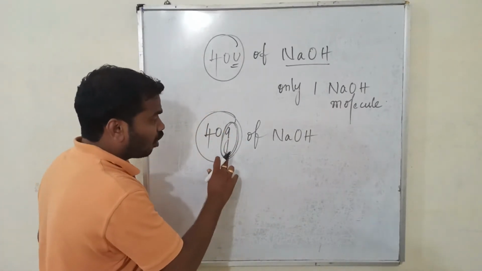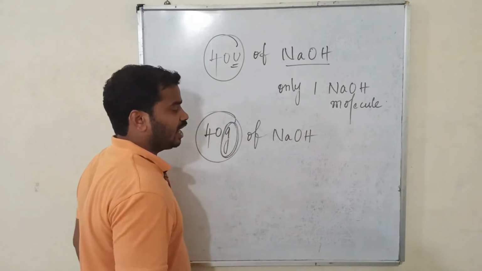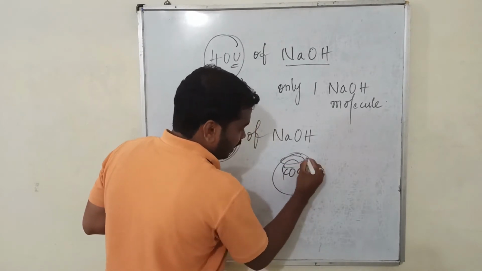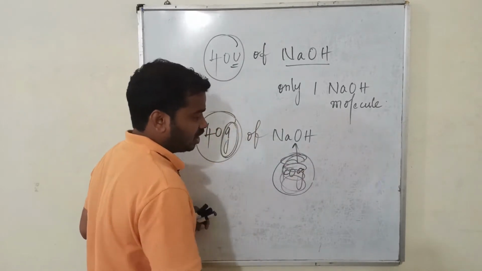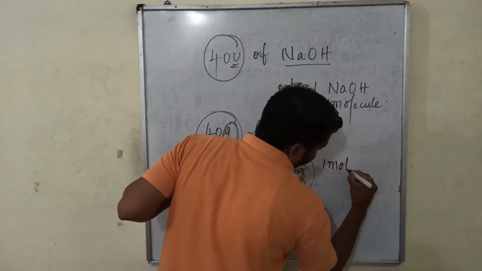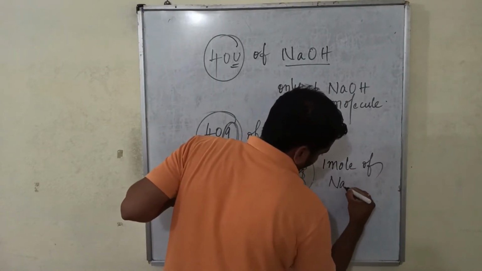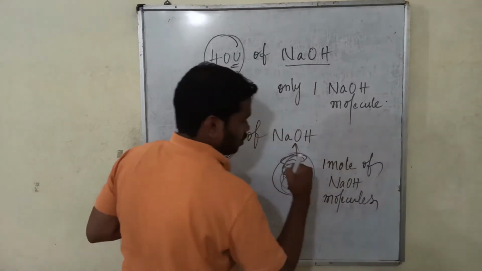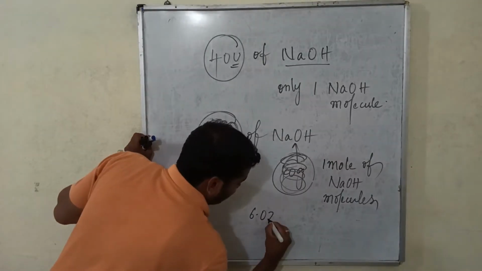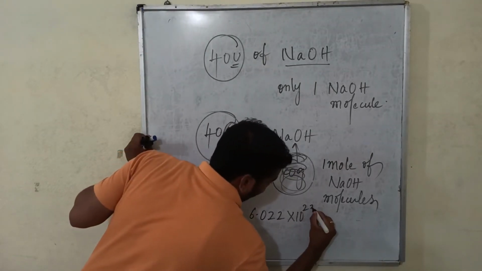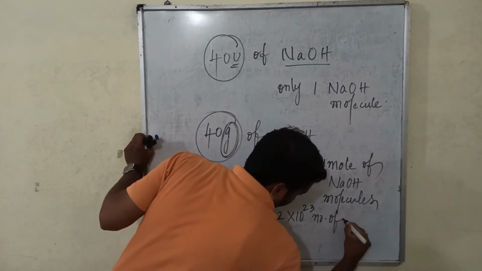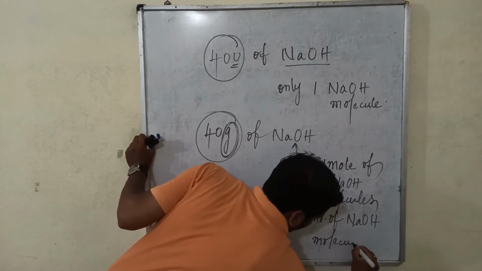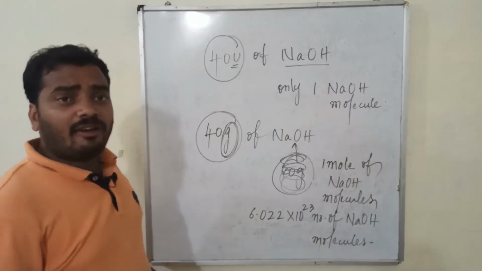If you consider 40 grams of NaOH, this indicates that the lump of 40 grams which you have considered contains 1 mole of NaOH molecules. That means indirectly you are saying 6.022 into 10 power 23 NaOH molecules. I think I have made it clear.